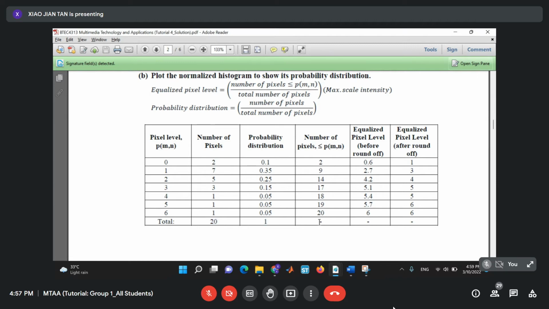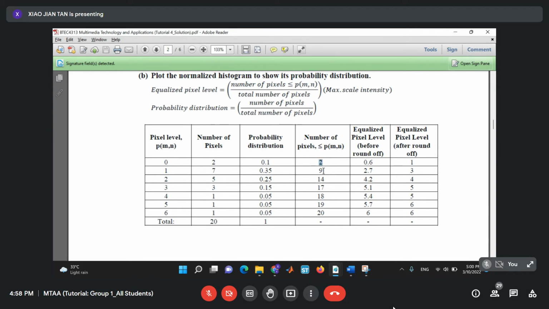This is a cumulative calculation, because the question is to get the total number of pixels smaller than or equal to the current pixel level. The current pixel level is 0, so how many are smaller or equal? Don't forget the equal. You have 2.